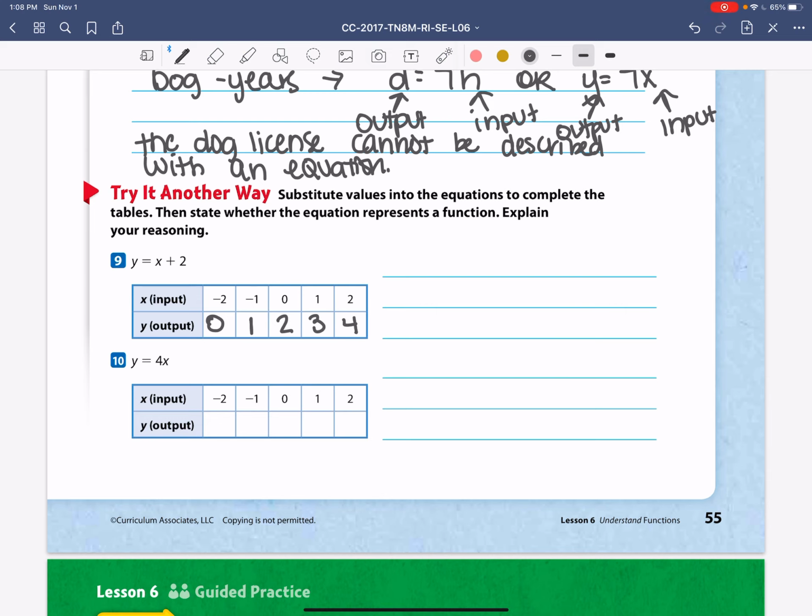Is this a function? Yes, it is a function. And we know it's a function because each output is 2 more than the corresponding input.